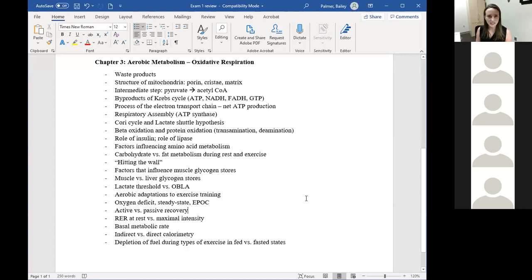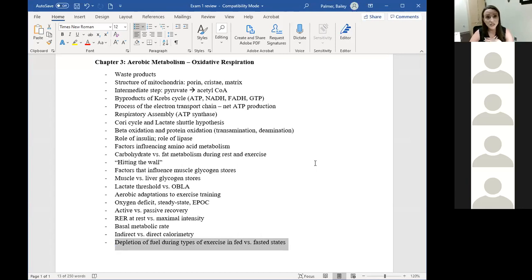One thing to keep in mind with the exam is some questions are application questions, like this one here at the bottom. So it's understanding if I deplete a certain fuel source, that means I was doing what type of exercise.